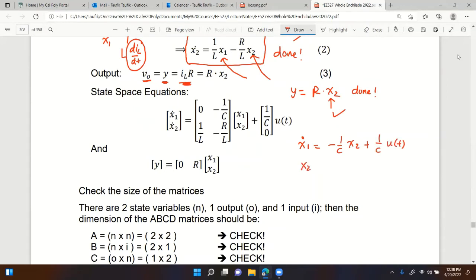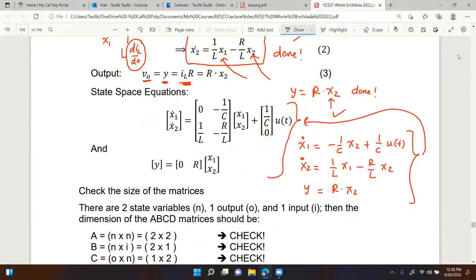And then x2 dot is equal to 1 over L x1 minus R over L x2, right? And then y is equal to R x2. These are the three equations. Then you can transform those into matrix equations, right? Any questions?